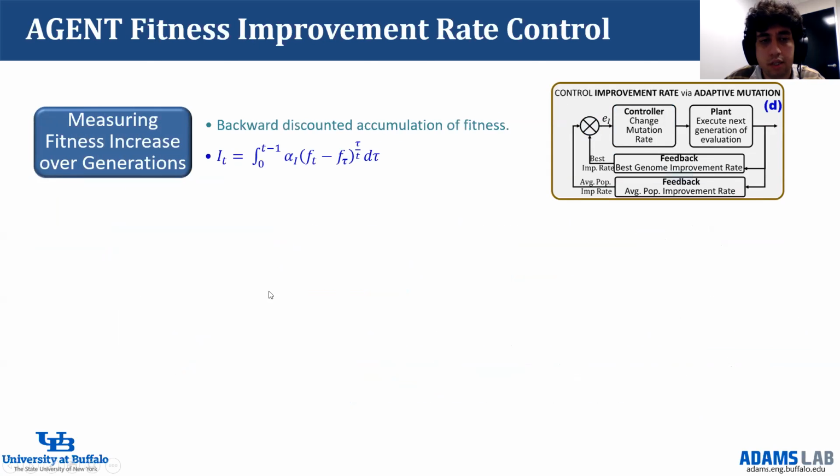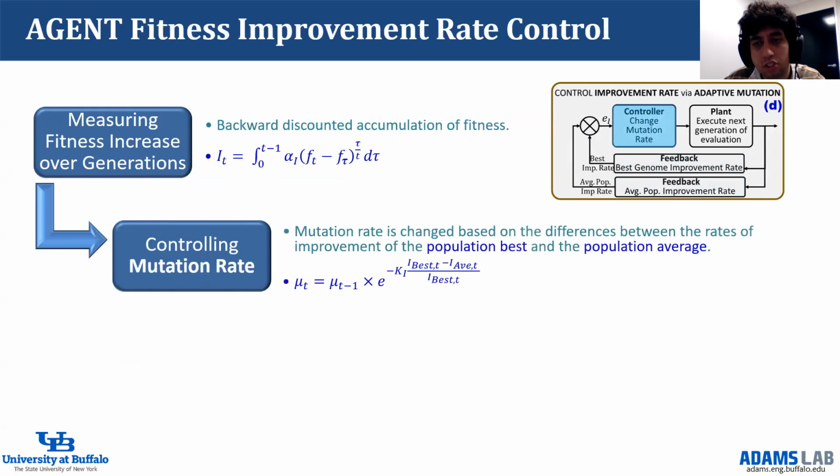The same thing goes for improvement rate. For improvement rate, we use the idea based on the change in fitness compared to the last generation, and this can be the fitness of the best answer or the average of the population. If it's the fitness of the best answer, it's the best genome improvement, and if it's the fitness of the average answer, it's the average answer optimization improvement. So what we are trying to do is to keep the best and the average at the same rate.